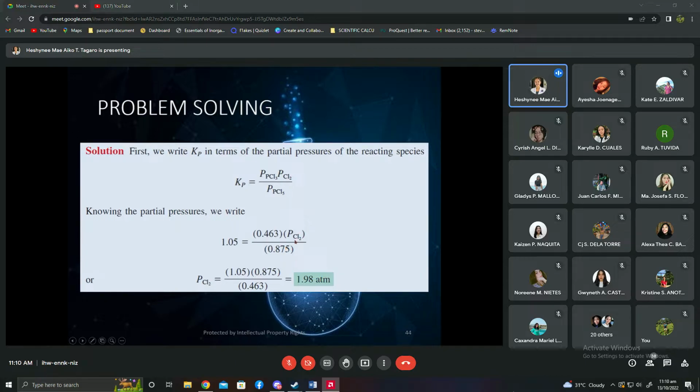So to find out the partial pressure for chlorine, we multiply the Kp with the partial pressure of PCl5 divided by partial pressure of PCl3. And this will give us 1.98 atm. So this is the partial pressure for molecular chlorine. Okay?